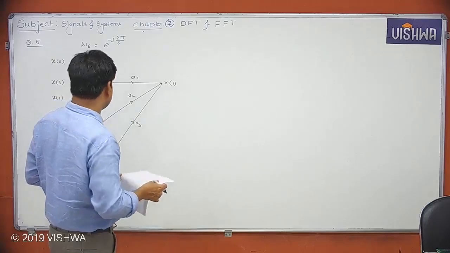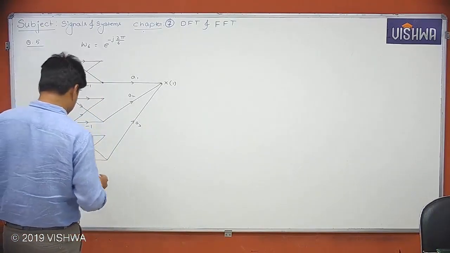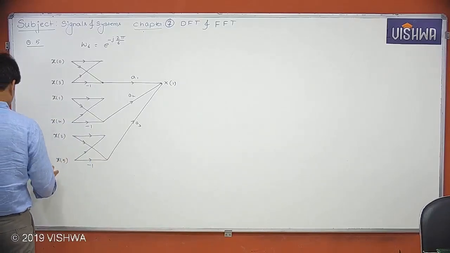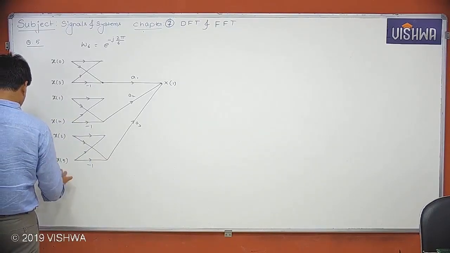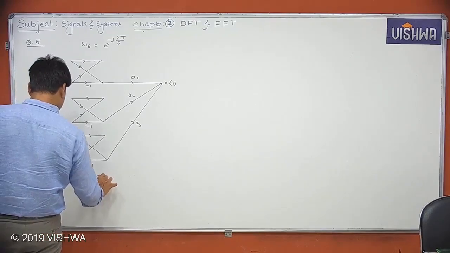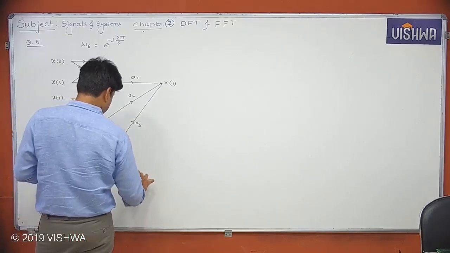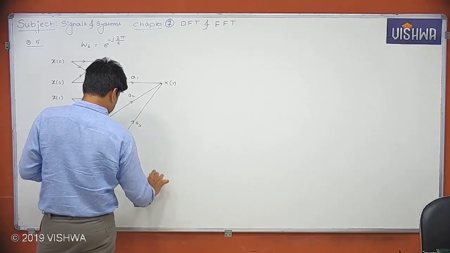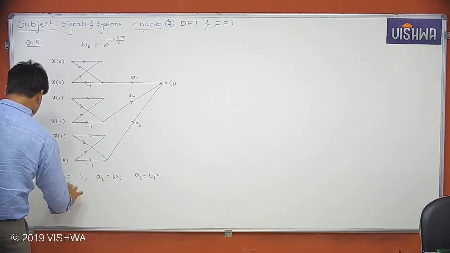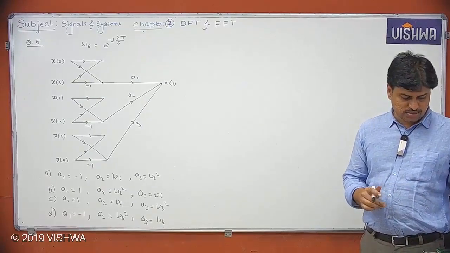Finally, they want to calculate what are a1, a2, a3. The options are: a1 is equal to minus 1, a2 is equal to w6, a3 is equal to w6 square; option B, a1 is equal to 1, a2, a3. That's the question.